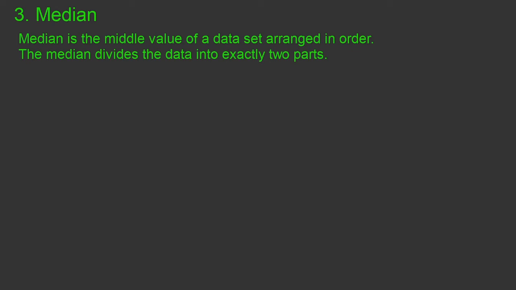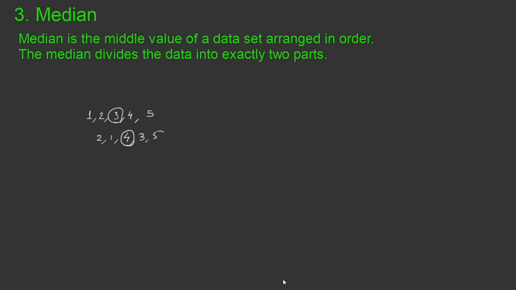For an example, consider 1, 2, 3, 4 and 5 as my data. If I put them in this order, the middle value is 3. If I just change the order but the data is not changed, now the middle value is 4. That means if I just say middle value, that doesn't have a clear meaning.